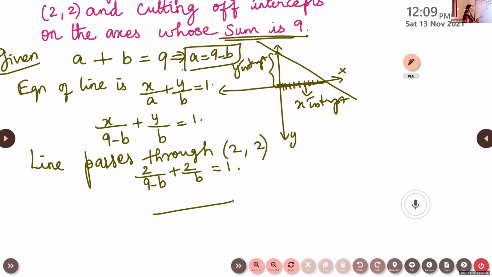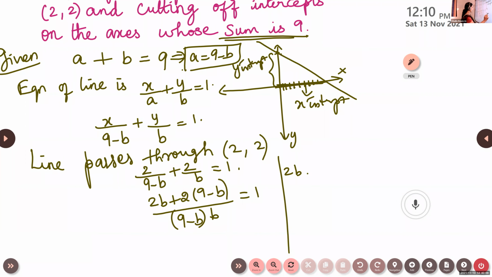Now take the common LCM here, (9 minus b) into b. So you cross multiply: 2b plus 2 into (9 minus b) is equal to 1 times the denominator. That is 2b plus 18 minus 2b by 9b minus b square is equal to 1. Plus 2b minus 2b will get cancelled.